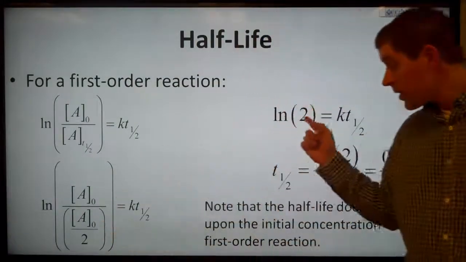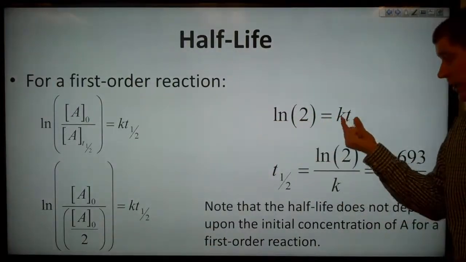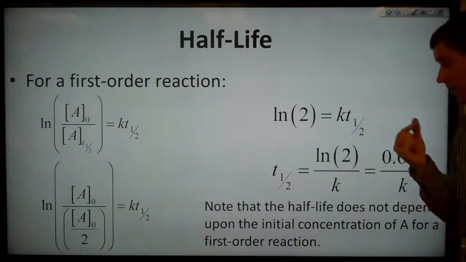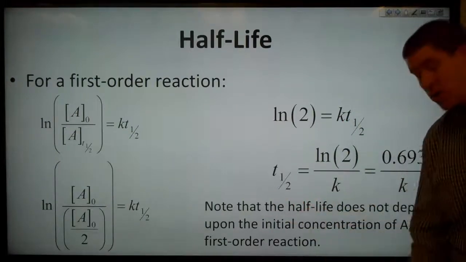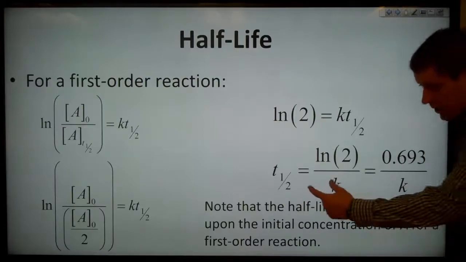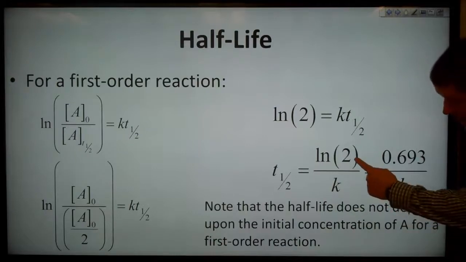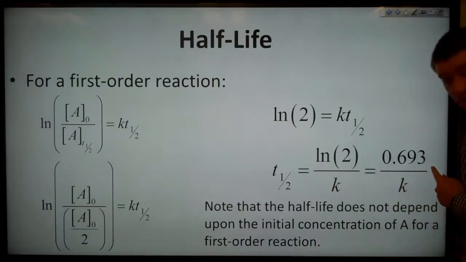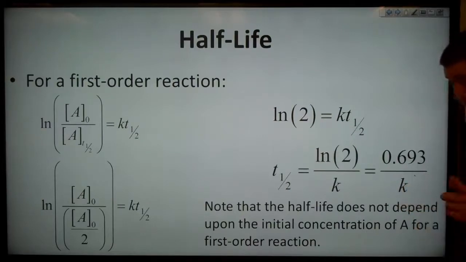So the result there is 2. So we have the natural log of 2 is equal to k, the rate constant, times our half-life, t1/2. Now if we solve that for our half-life, we get t1/2 is equal to the natural log of 2 divided by k. The natural log of 2 is 0.693. So our half-life is equal to 0.693 divided by k if our reaction is first order.